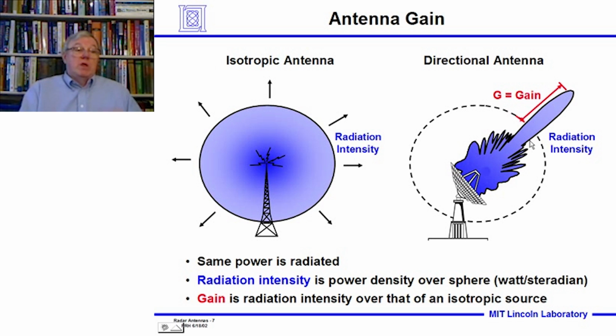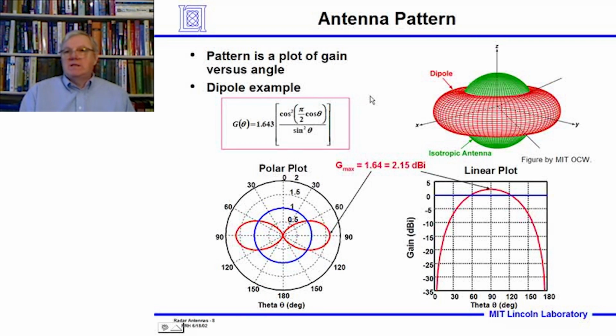The overall power is the same. So many watts went out in all directions, equally likely, but a lot more watts went in this direction than in other directions, even though the overall average power that the transmitter put out is the same. And so the gain is the radiation intensity over that of an isotropic sphere. Okay, now let's look at that dipole again.